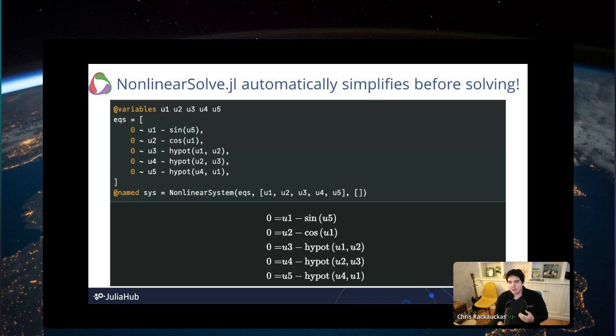So say, for example, you have this as your representation of a nonlinear system you want to solve. Now, someone who is mathematically and numerically smart might say, hey, don't solve the nonlinear system like this. Newton's method has to do LU factorizations, which has O of n cubed scaling effectively.